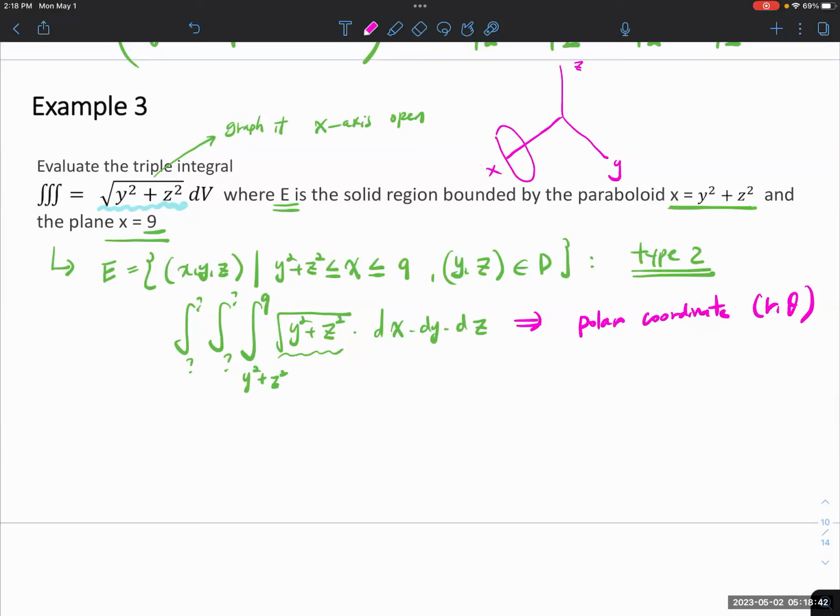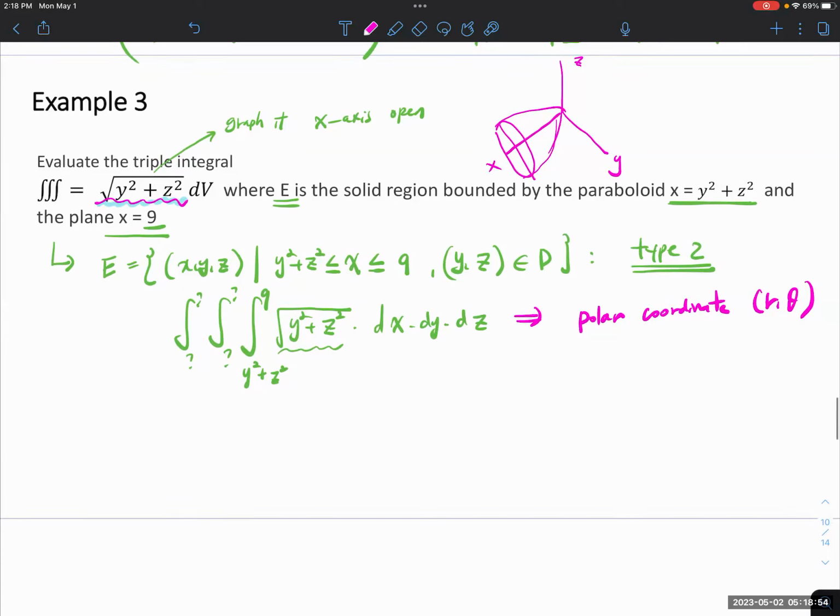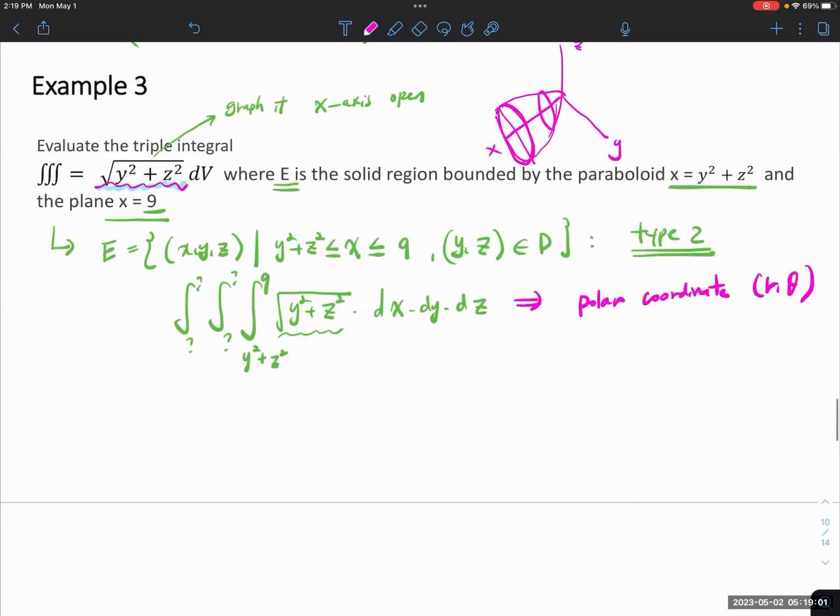This is the shape of this function. The radius is going to be between y squared plus z squared and 9. It's a little complicated by hand, so I determine we're going to convert it to the polar coordinate system.